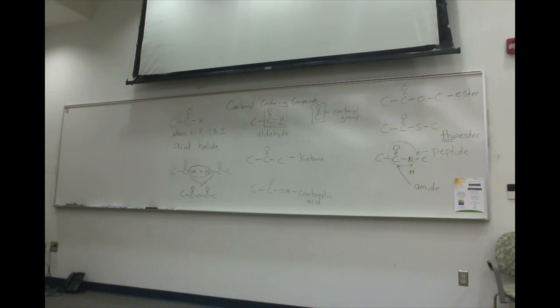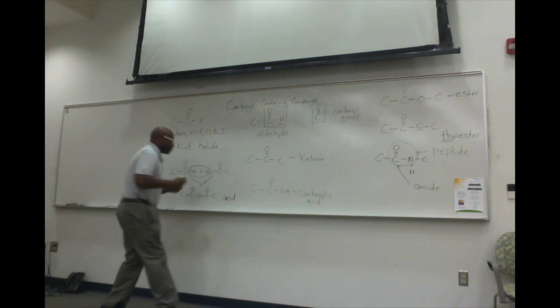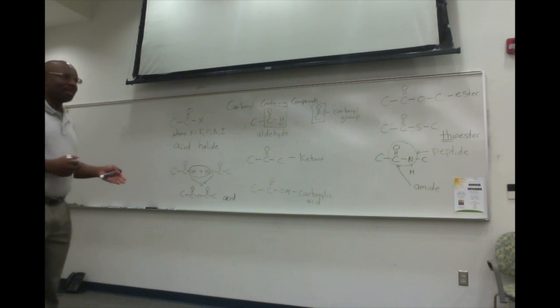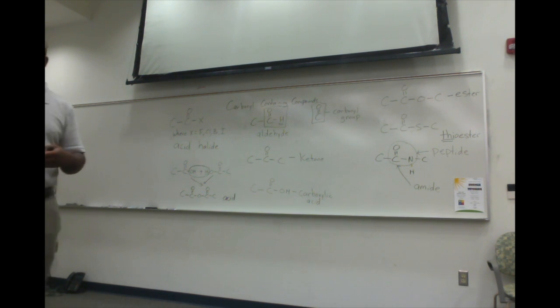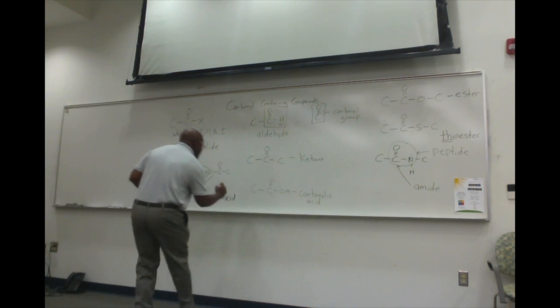A carboxylic acid. So we have the acid, and we removed what from it? Water, H2O. We removed two hydrogens and one oxygen. That's H2O. The loss of water is what anhydride refers to, so it's going to be an acid anhydride.